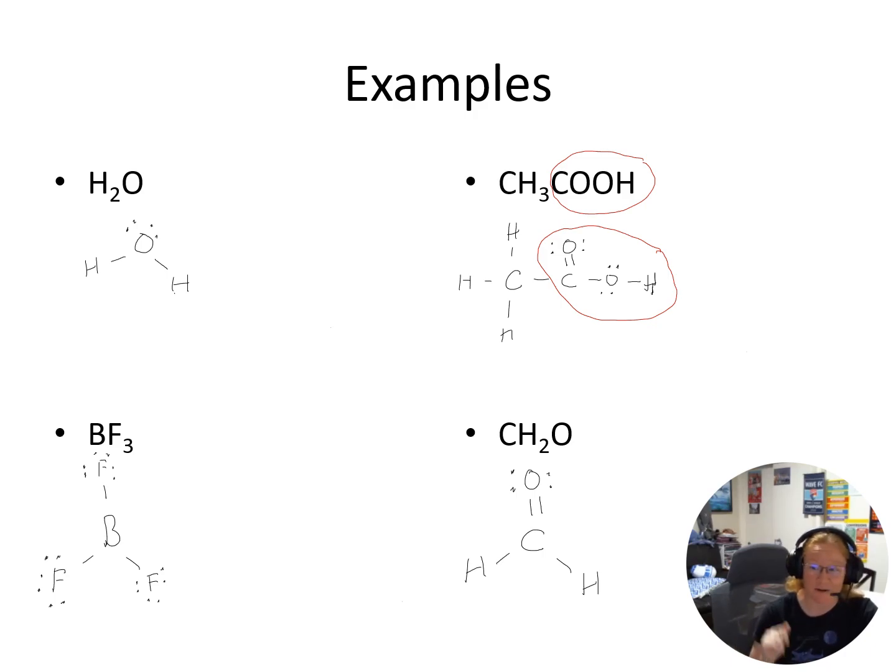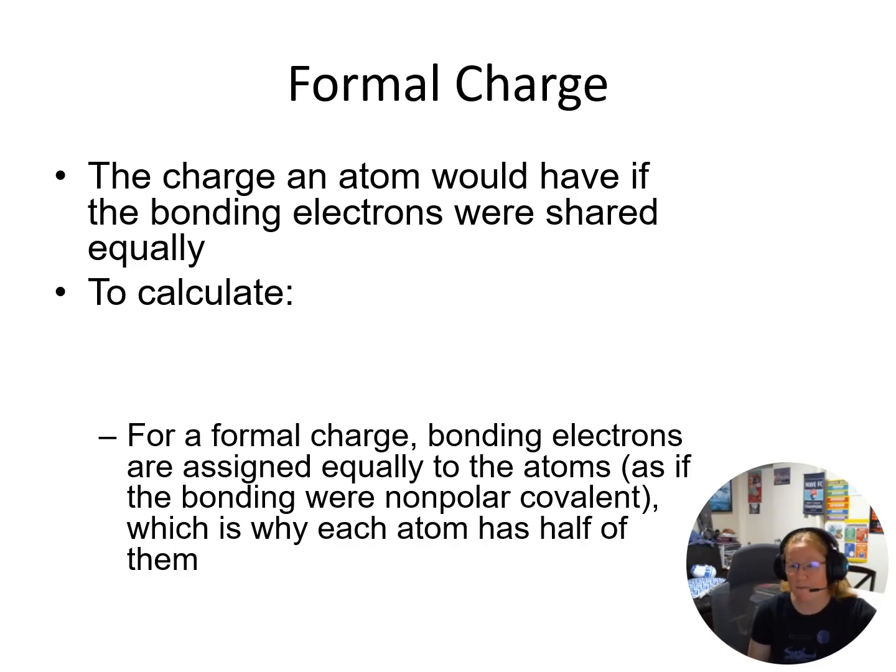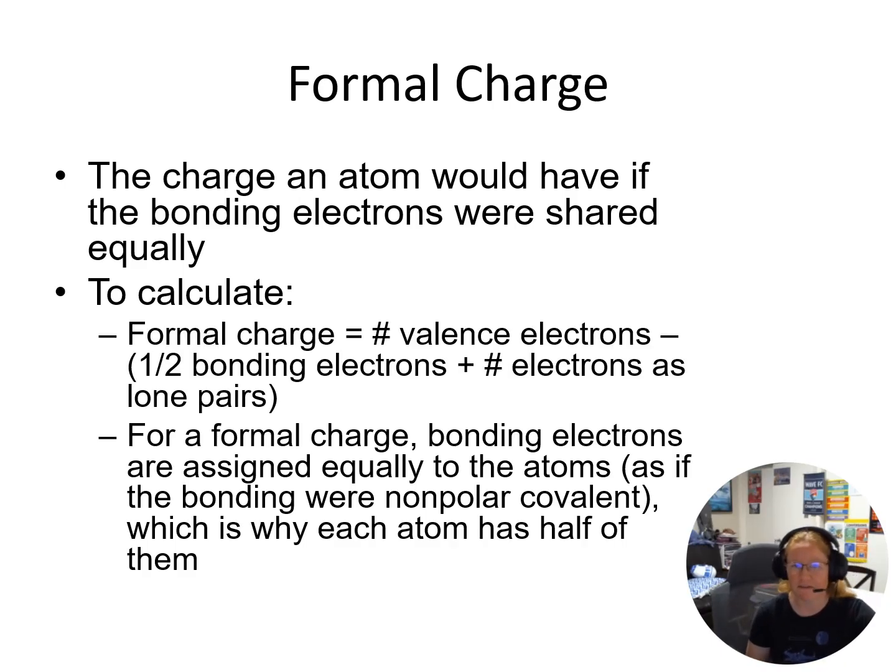Now we're going to talk about formal charges. So a formal charge is the charge an atom would have if the bonding electrons were shared equally. We calculate this by taking the number of valence electrons minus 1/2 of the bonding electrons plus the total number of electrons as lone pairs.